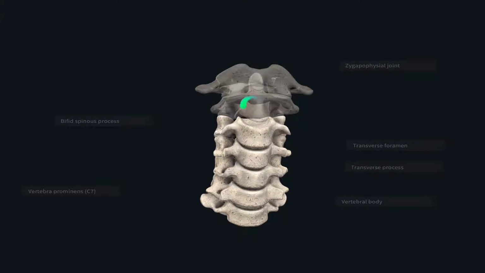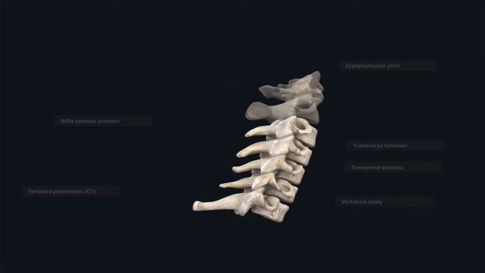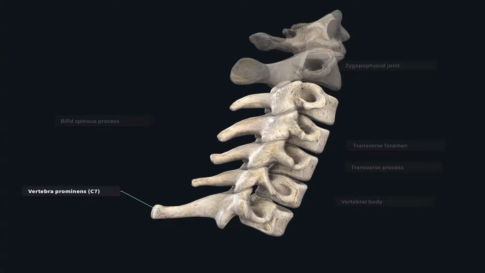C2, or the axis, articulates with the atlas at the atlantoaxial joint. C3, C4, C5 and C6 are deemed to be typical cervical vertebrae, whilst C7, or the vertebrae prominens, is deemed to be atypical, along with the atlas and the axis.